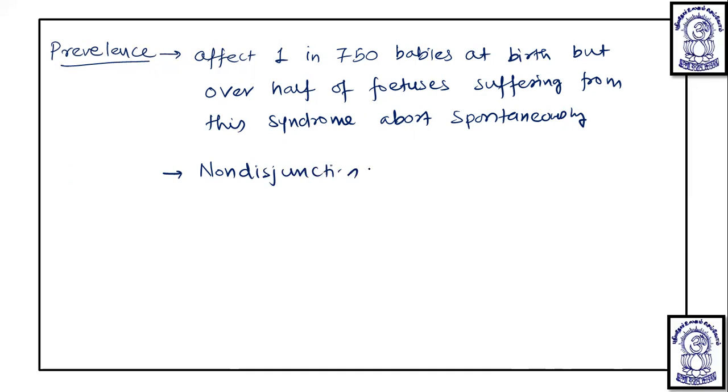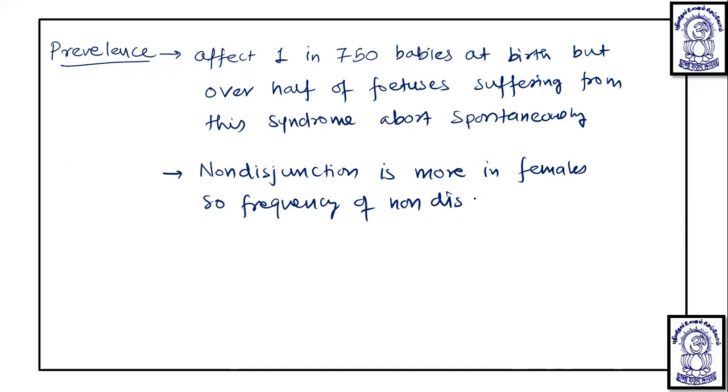Non-disjunction is more in females, and frequency of non-disjunction increases with age. Okay, so these are the particular things which we see in case of Down syndrome.